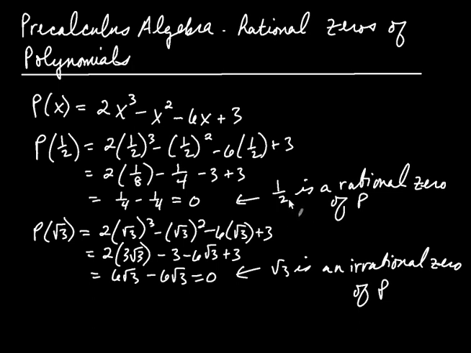So 1/2 was a rational zero, and root 3 is an irrational zero of p. In this video, we're going to be discussing how to find the rational zeros of polynomials. How do you go about finding the rational numbers that when you plug them into the polynomial, you get 0? It turns out we have a theorem, and then we're going to use synthetic division to execute this. So let's see how this goes.